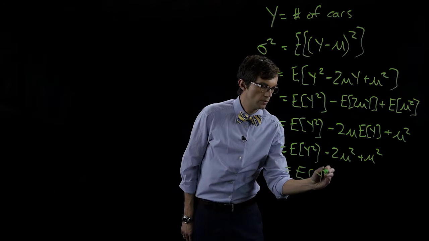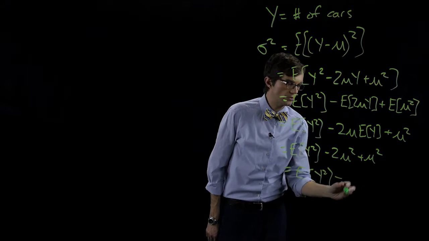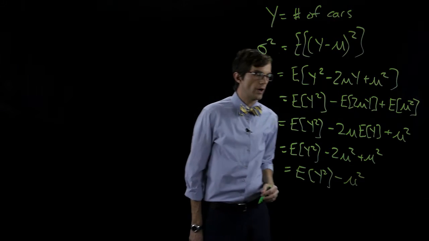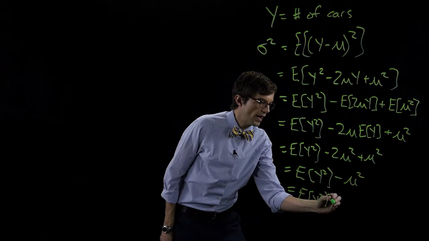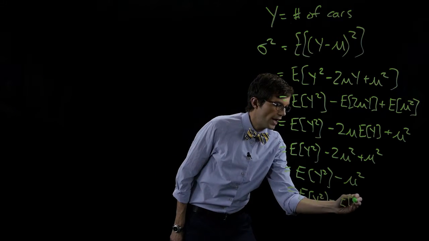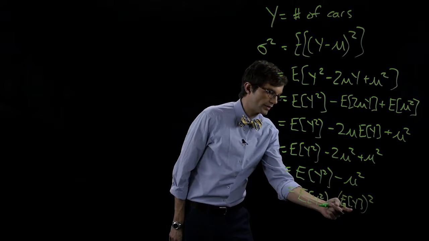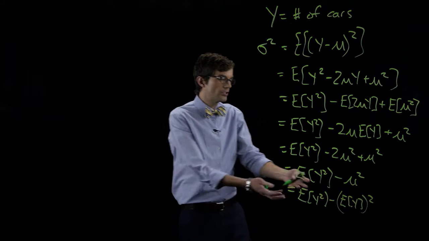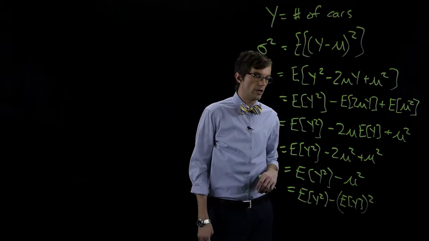So the variance here is the expected value of y squared minus mu squared. Another way to say that is the expected value of y squared minus the expected value of y quantity squared, because mu is the expected value of y. So this is the general formulation for the variance of a random variable.